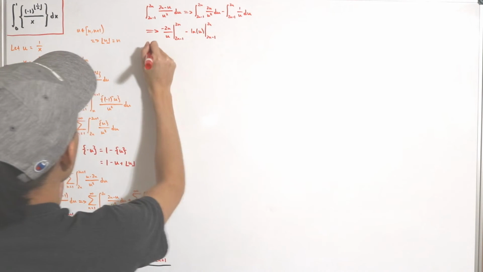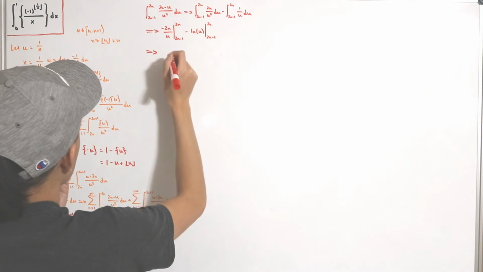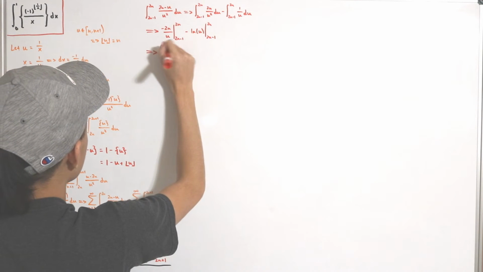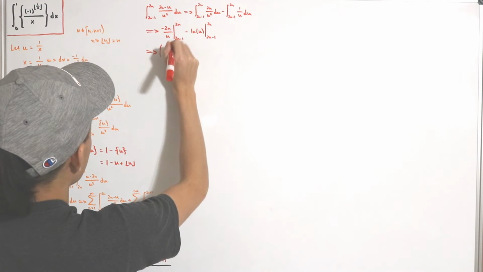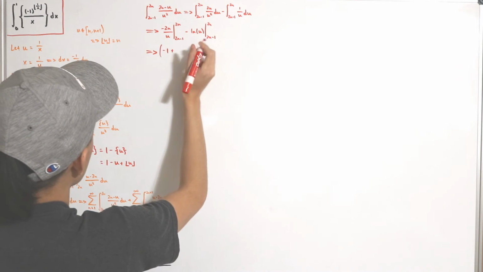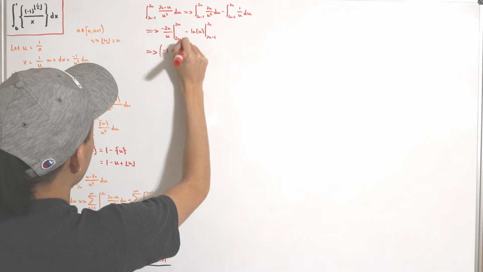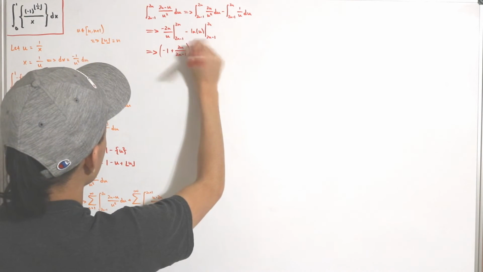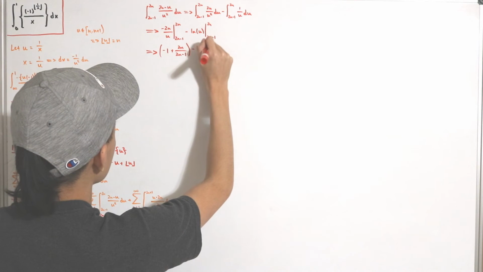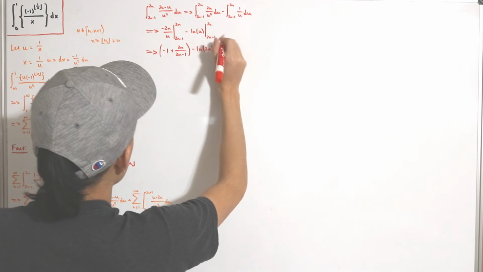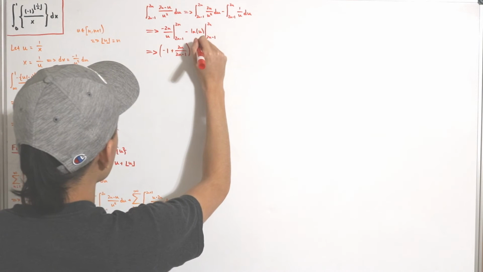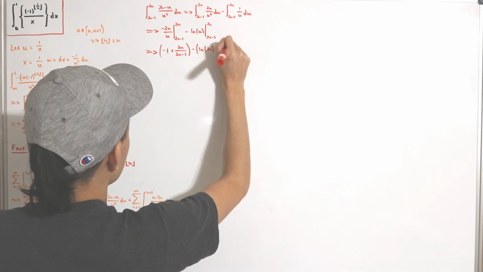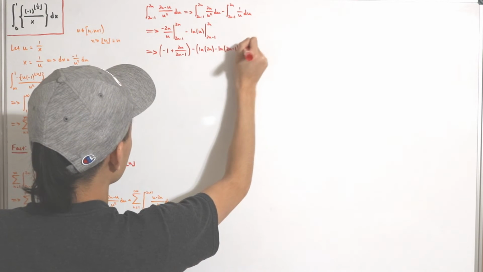So when I evaluate it at our terms, we get negative 2n divided by 2n, so that's negative 1, and then plus 2n divided by 2n minus 1, and then minus ln of 2n, and then plus ln of 2n minus 1.